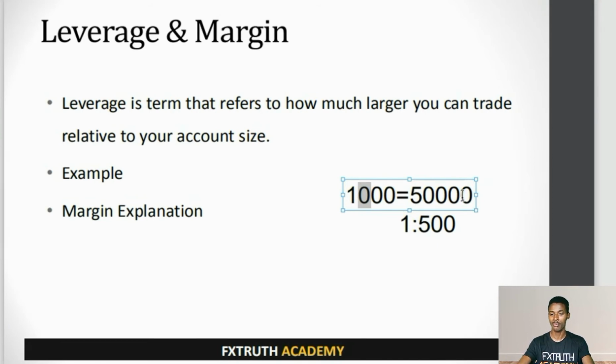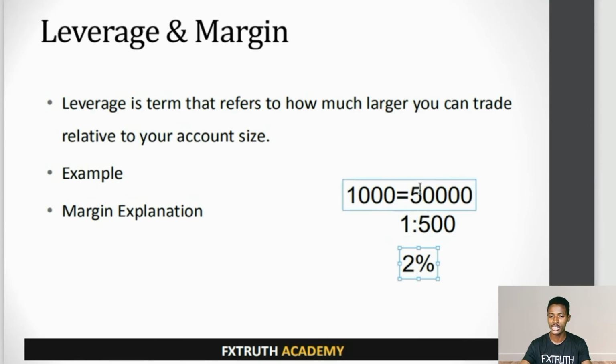Like for instance, now we have this as the leverage. So now if you divide 1:500, it is actually 2%. So you are willing to put 2% of this leverage in your trading account before you are able to trade.